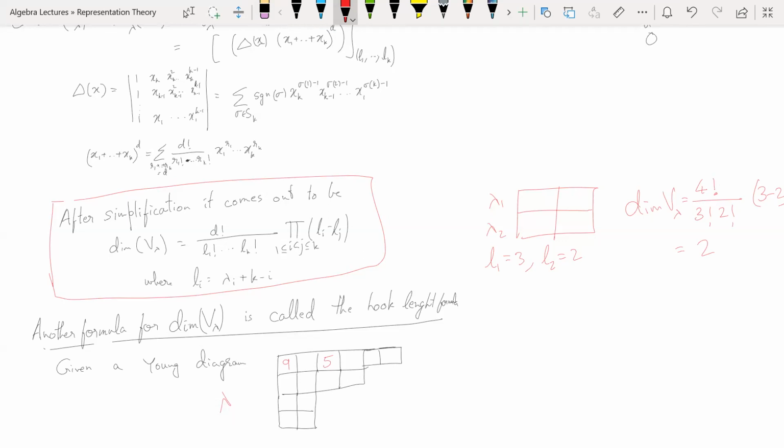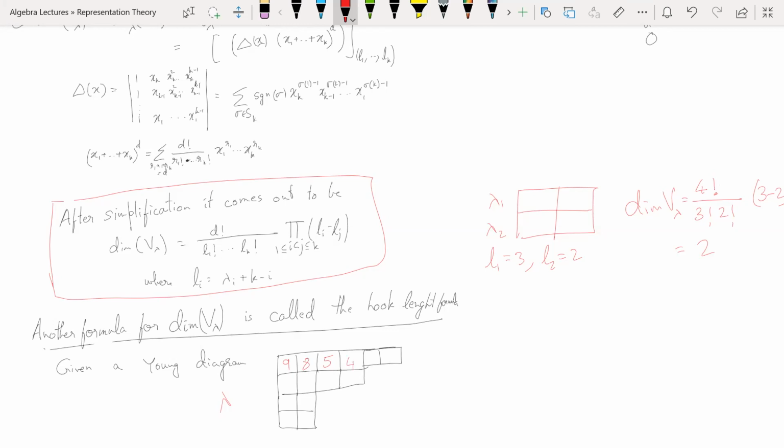And this will be 8, because 5 plus 3, 8. And this 7 minus 2 is 5, so this is okay.